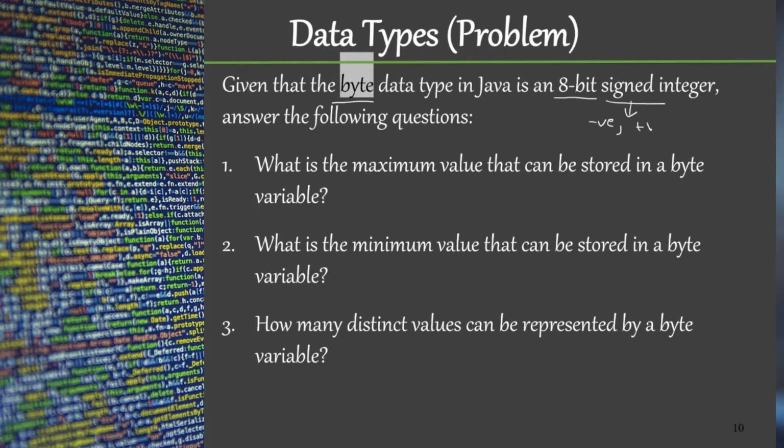Negative as well as positive values. We have to answer the following questions logically. What is the maximum value that can be stored in a byte variable? What is the minimum value that can be stored in a byte variable? How many distinct values can be represented by a byte variable?